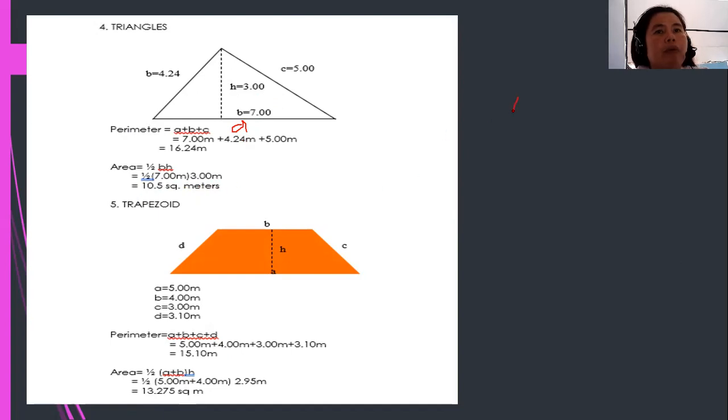So we have 1/2 times 7 times 3 meters. So 1 times 7 is 7, times 3 is 21, divided by 2 is 10.5. Okay, so the answer is 10.5 square meters.